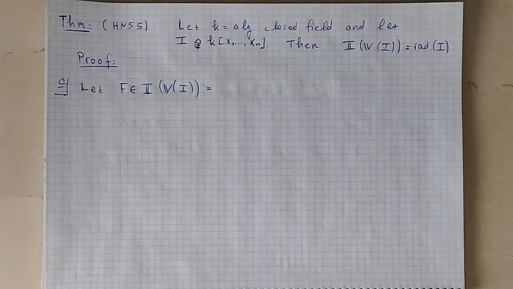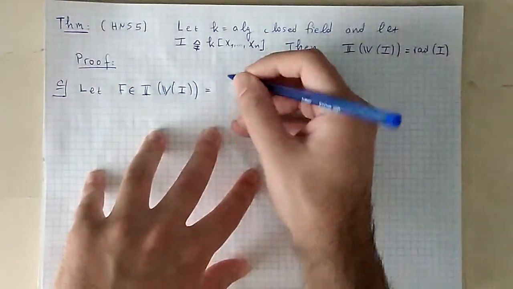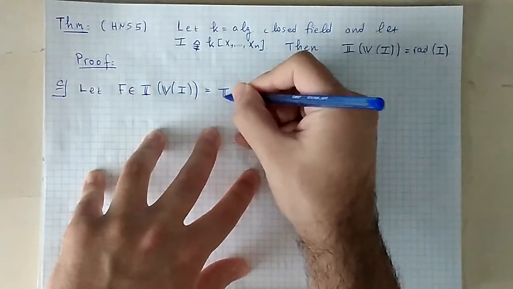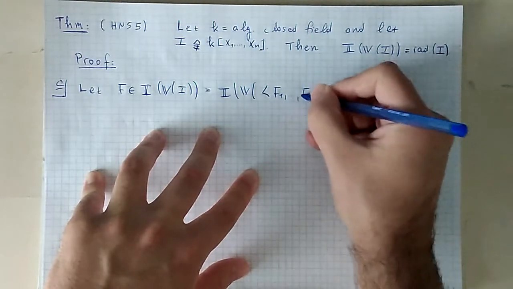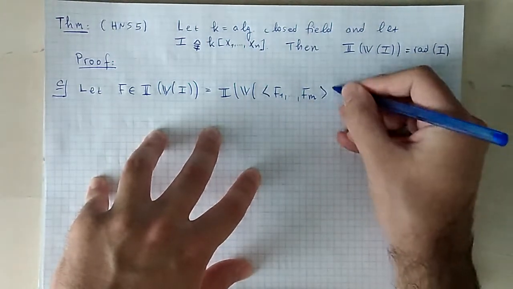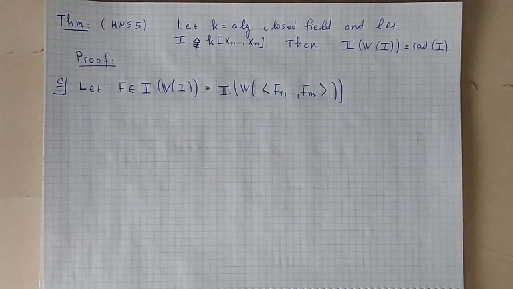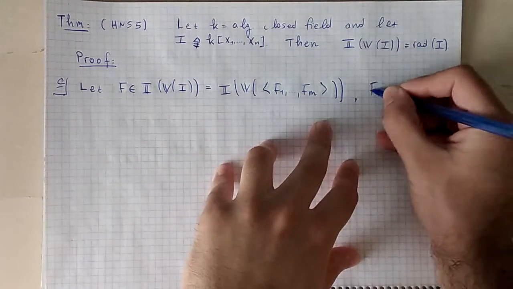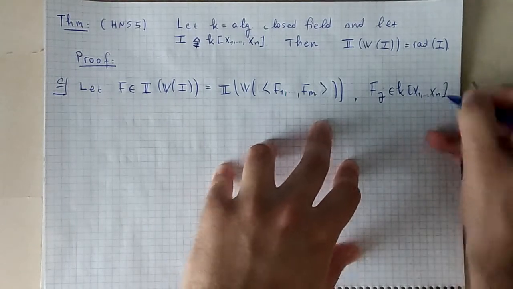Okay, so the first simple observation is we have to remind ourselves that the polynomial ring is in fact a Noetherian ring, which means that every ideal is finitely generated, and therefore the ideal I can be generated by some polynomials. So let's assume that the ideal I is generated by these polynomials, and of course these are polynomials in n variables, because this is actually going to be important.